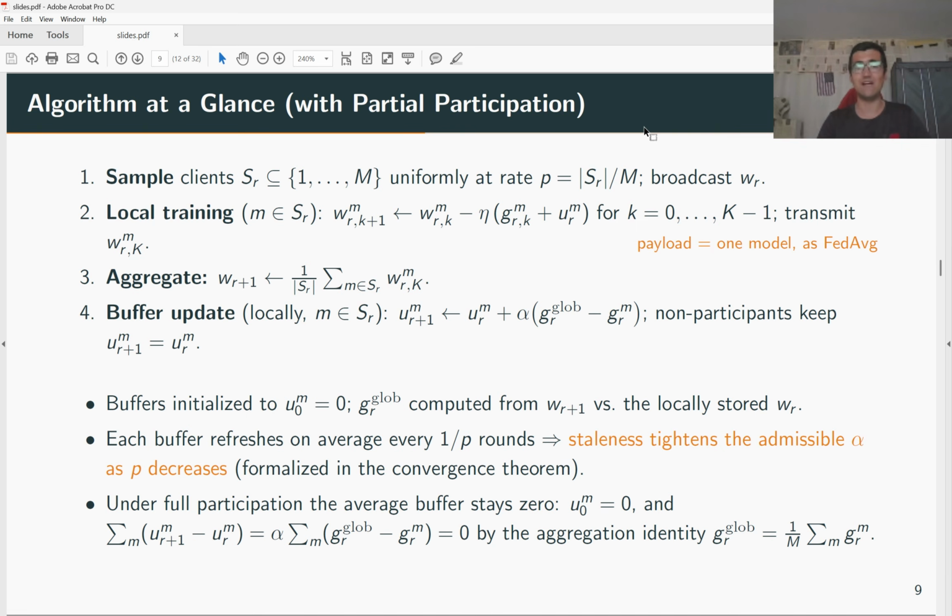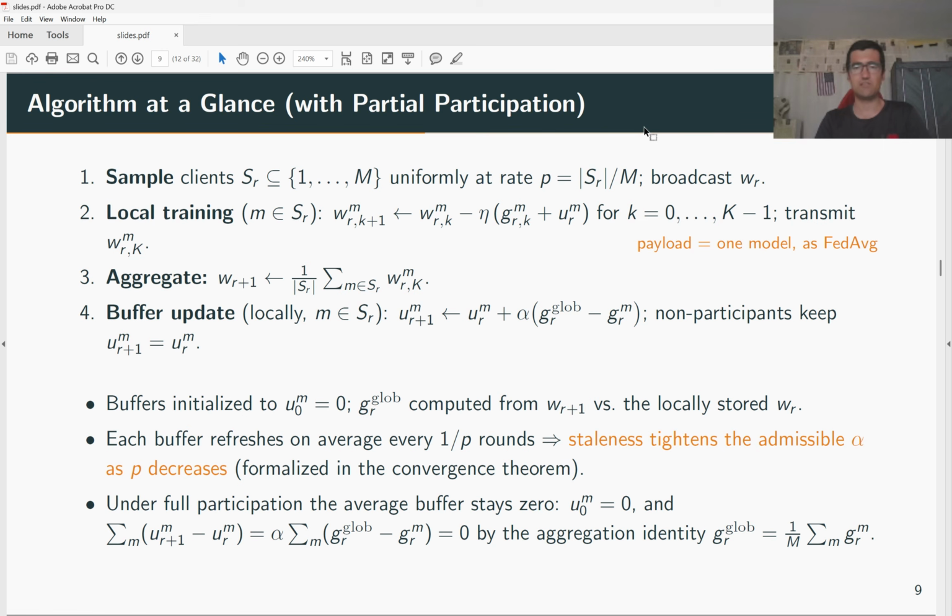I want to emphasize this. The payload is one model exactly like FedAvg. 3. The server averages business as usual. 4. Each participating client updates its buffer locally using the pseudo gradient residual. Everyone else simply keeps their buffer unchanged.